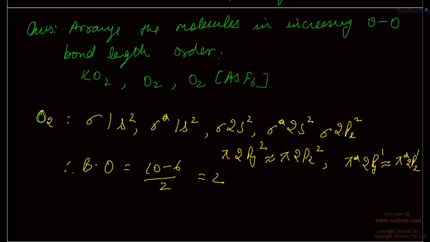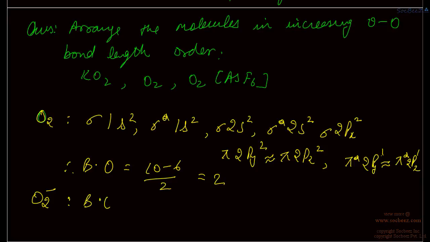In similar fashion, if you go for calculating the bond order of O2 negative and O2 positive: in one case it exists as O2 positive, in another it is simply O2, and in this case it exists as O2 negative. For O2 negative, you are just filling one more electron in the anti-bonding orbital.